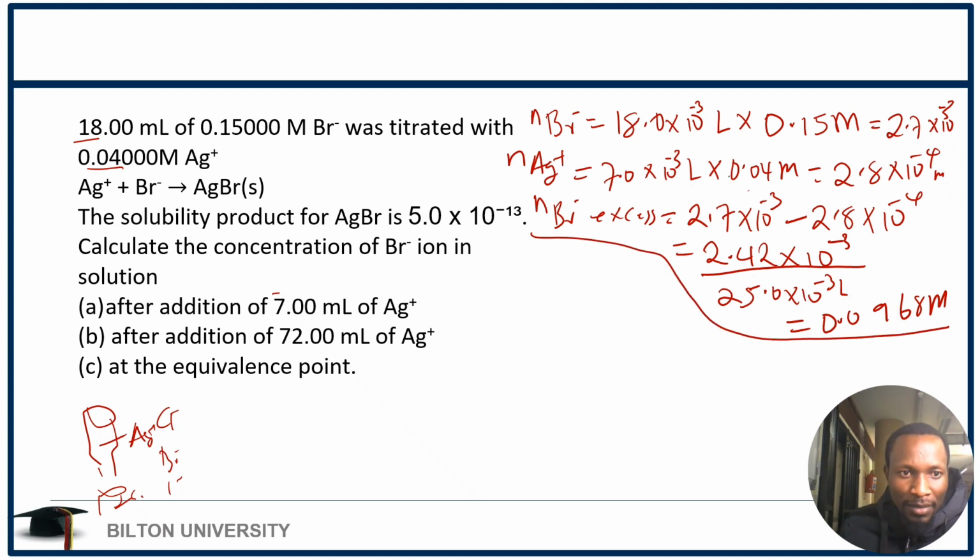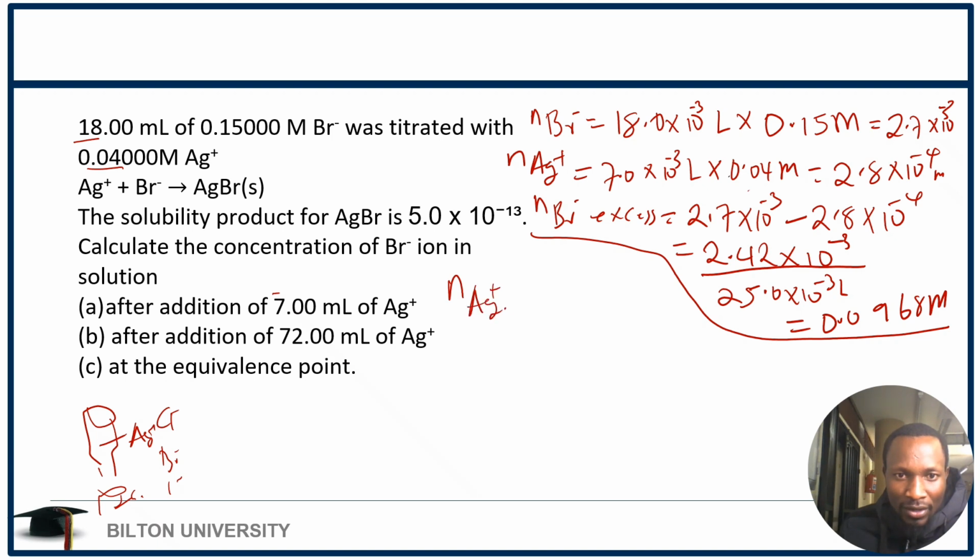Let's look at part B, after addition of 72 mL of silver ions. So now, do you think bromide ion is still going to be in excess, or in this case, silver ion is going to be in excess? Let's calculate. After addition of 72 mL of silver ions, we are going to calculate the number of moles of silver ions.